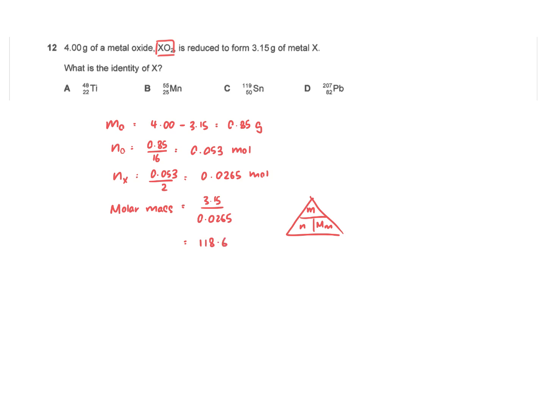And if you can recall, the molar mass of an element has the same value as its atomic mass. So the atomic mass of X would be 118.6 or close to 119. That would also mean that X is likely to have a mass number of 119. So the option is C.